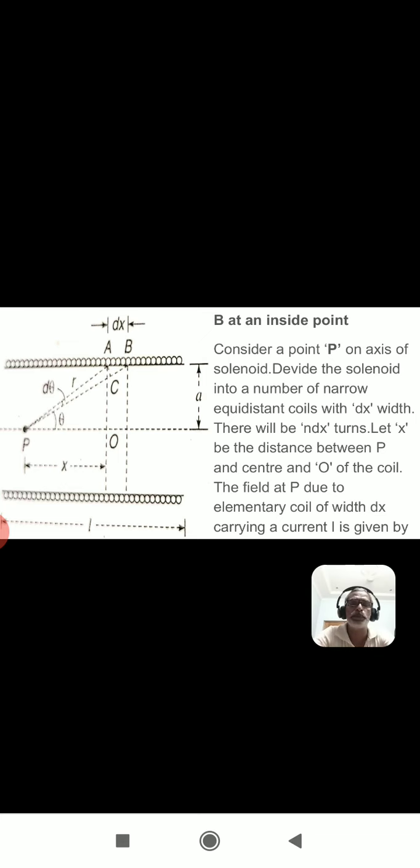For this purpose, we can divide the solenoid into a number of narrow equidistant coils with the width dx. If the number of turns per unit length of the solenoid is n, the number of turns in the element is n dx.